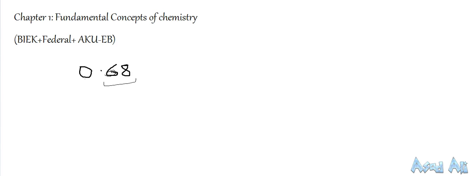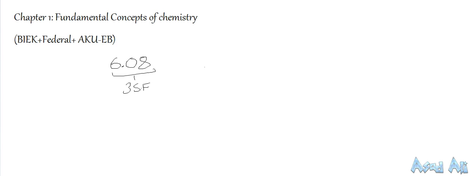But zeros may also become significant in some cases. What are these cases? Now I'm going to tell you. If a zero is present in between two digits, this will make the zero significant. So there are three significant figures in this value.